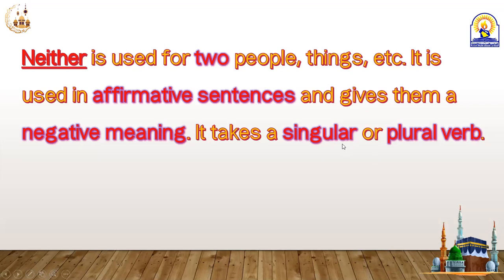Like none. So neither and none can be followed by singular or plural verbs. But the difference between neither and none: we use none to talk about more than two, but we use neither to talk about just two people or two things.